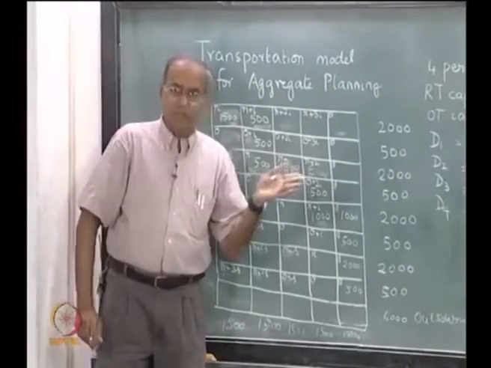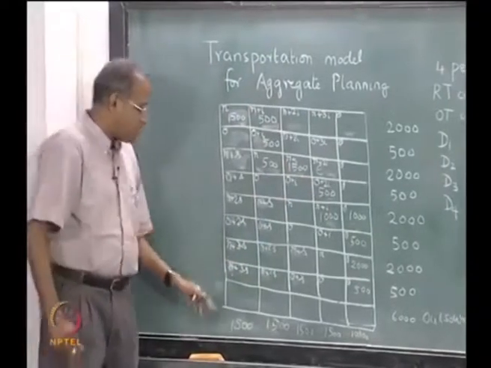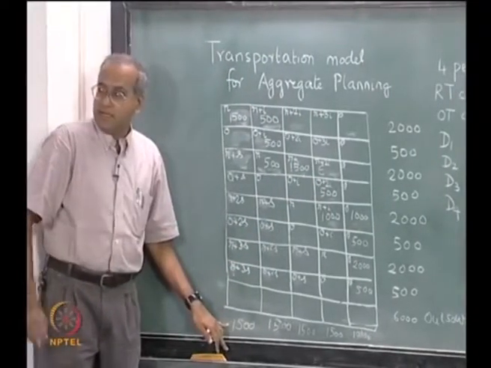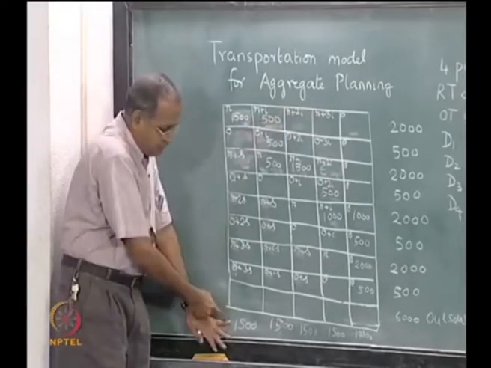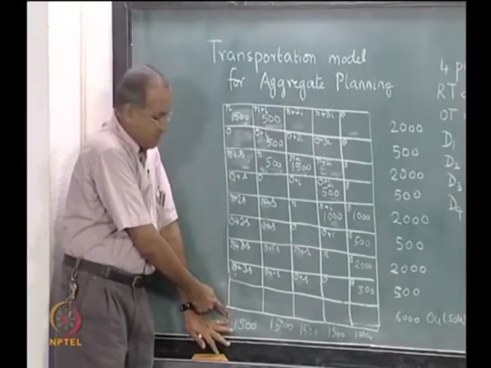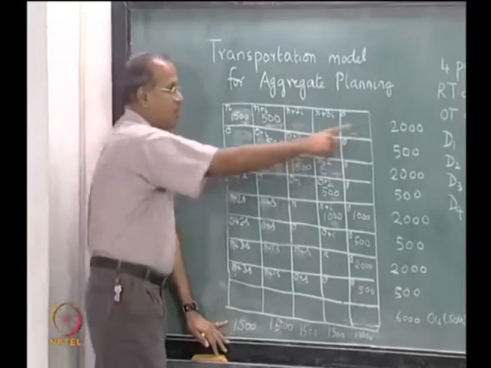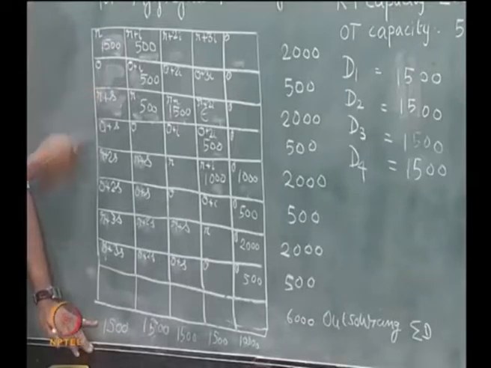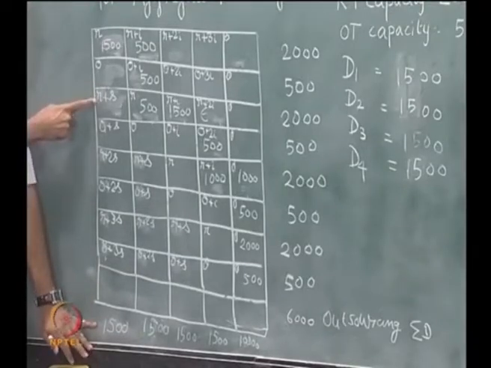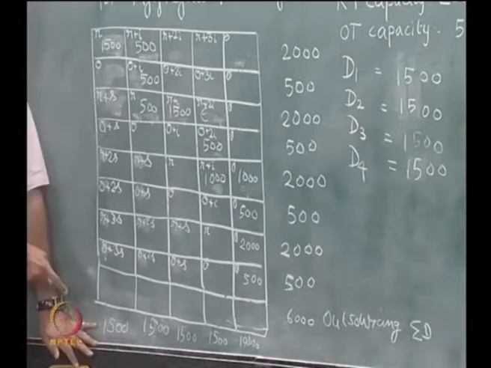Going back to the example that we had, where I actually made a change here. Initially I had put a higher value here, 3000, and then we realized when we were doing it that 2000 could come, 500 could come, because these had big M's, back ordering was not allowed, so I had to change this.